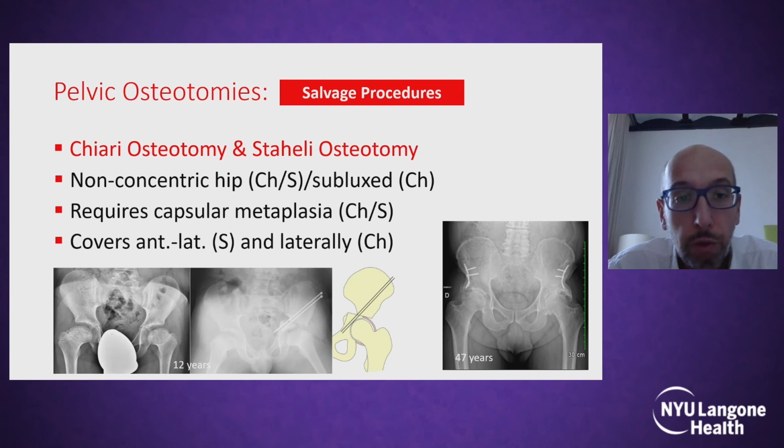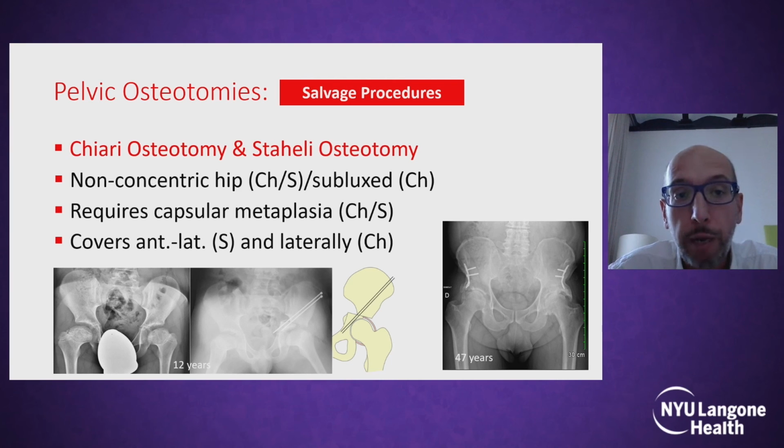The salvage procedures are two categories. One is the Chiari osteotomy, and the second one is the acetabuloplasty. These procedures, in my mind, should be reserved for non-concentric hips. Both can be applied. However, if you have a subluxed hip, with the femoral head subluxed, you should prefer the Chiari osteotomy.